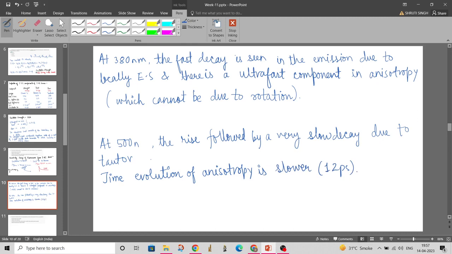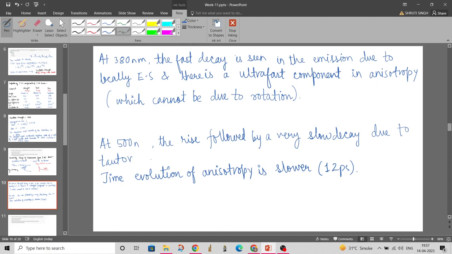And in the red edge, we see that the anisotropy evolution is also slower, around 12 picoseconds. So this slower decay can be assigned to the rotation of the molecule.